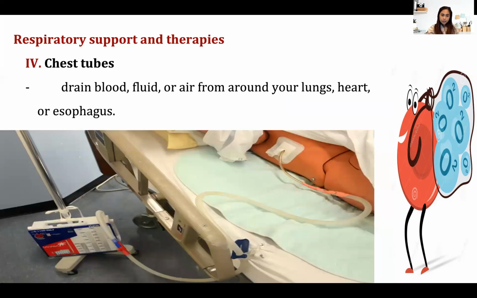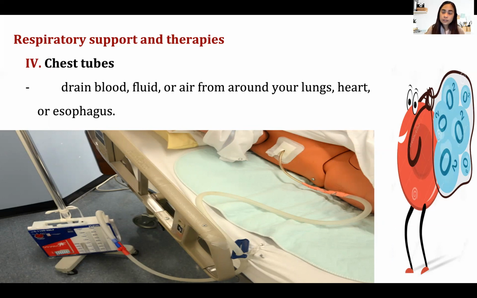We also have chest tubes. A chest tube is used if your patient has air in the lungs, which is called pneumothorax, or blood in the lungs, which is called hemothorax. How does the patient get this? Sometimes from a stab wound, especially in the chest, that penetrates the lungs. Air comes into the lungs, and it's bad because normally the air in your lungs is in negative pressure.